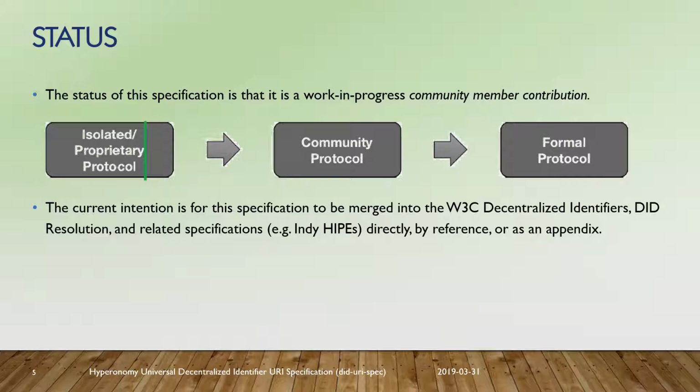It's a proposal coming from a particular organization, the Hyperonomy project, and it's being presented or proposed as a community protocol, a broad community protocol for did URLs in every way that they're used.